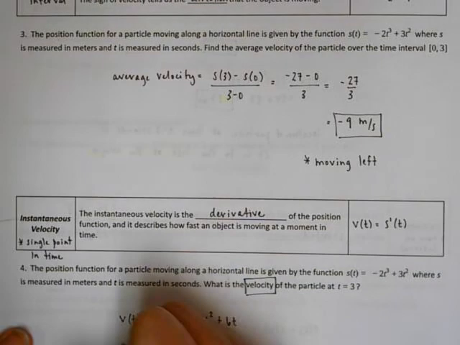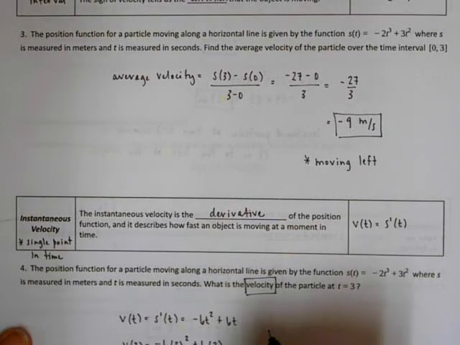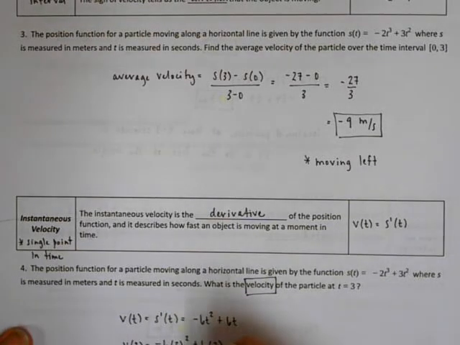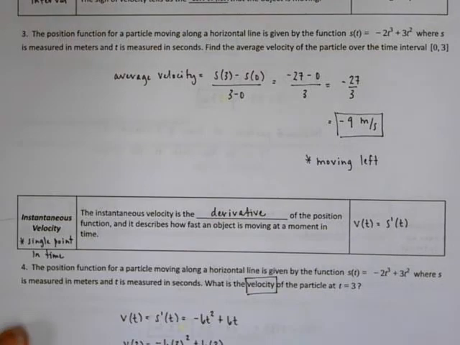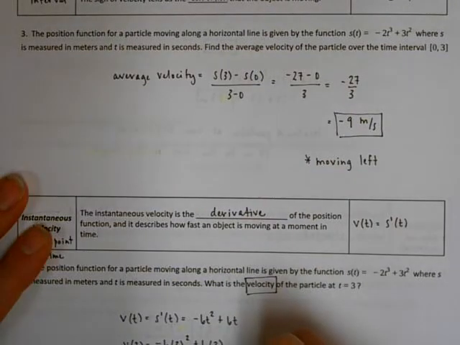Now at time t equals 3, I'm just going to plug in 3. So I get negative 6 times 3 squared plus 6 times 3. So what do we have here? Negative 54 plus 18. And we get negative 36.